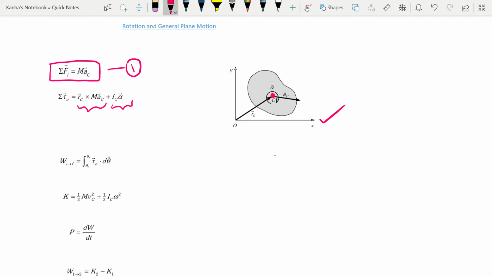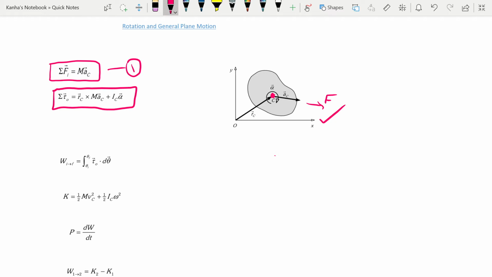So I have two terms here. The first one is talking only about some net force acting in this direction equal to m a_C, and the second one takes care of the rotational part. You should make a note of this equation, which takes care of all the general plane motion equations.